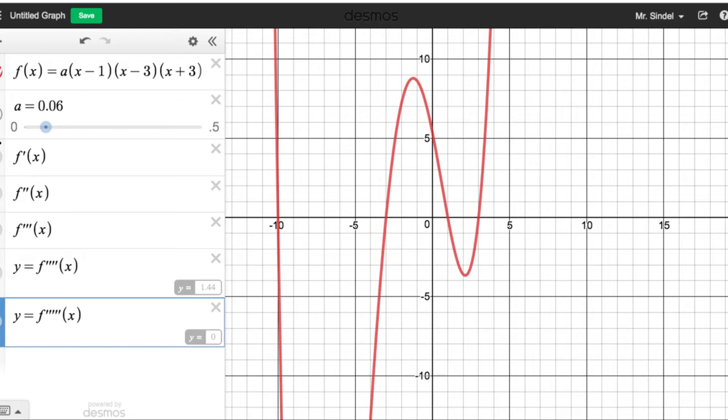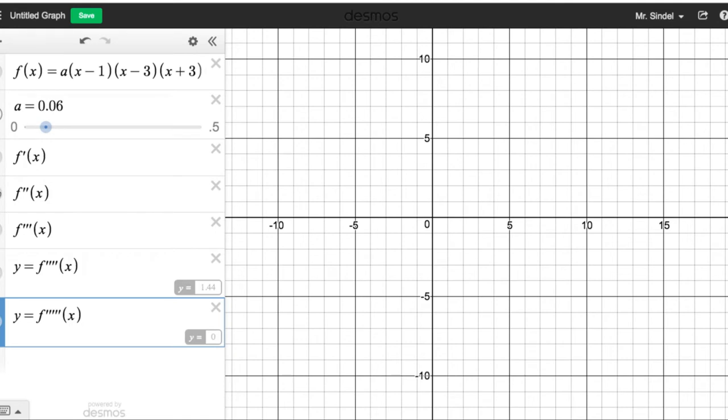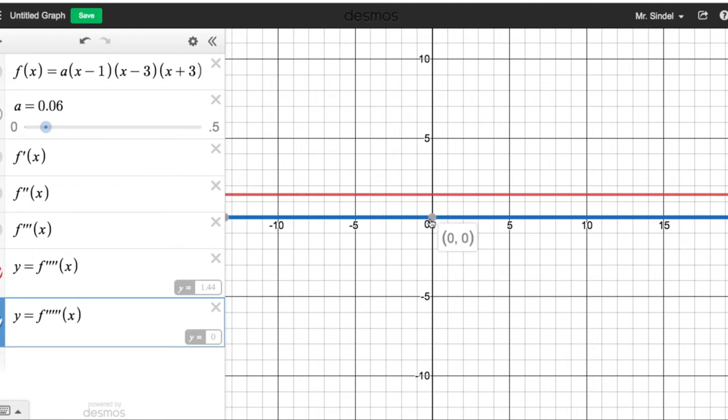Once you go straight, it's basically like going from each prime, right? You're kind of like straightening out a string. You're taking out a curve by pulling it and making it less curvy, right? So it went from this to this to this to this to this to this. And I guess both of these are technically constant functions. This is just equal to a number, 1.44, and this is just equal to 0, which is still a constant.